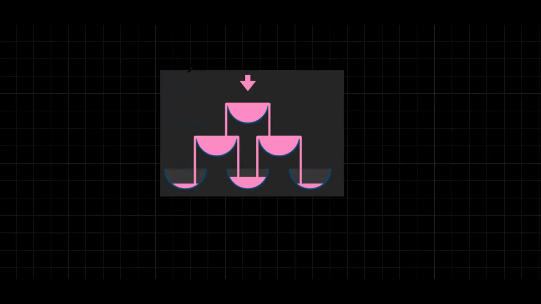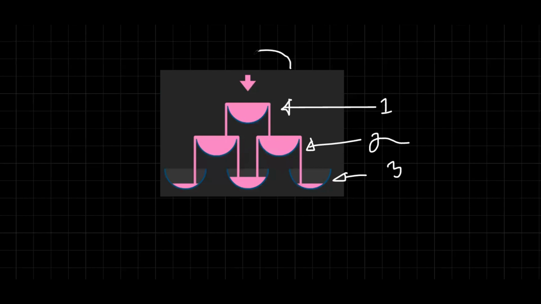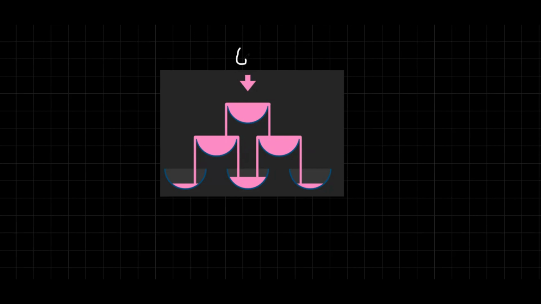Now, to understand the algorithm, let's try to understand this figure. Suppose in this figure, in the first row, we have 1 glass. In the second row, we have 2 glasses. And in the third row, we have 3 glasses. Now, we will pour some champagne from the top. Suppose the amount of champagne we have poured from the top is 6.